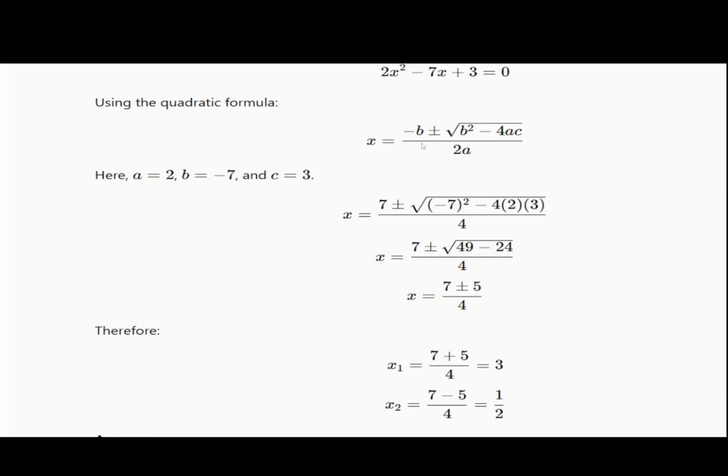We have x equals minus b plus or minus the square root of the discriminant, divided by 2a. So we have 7 plus or minus 5 divided by 4. With plus we have x1, 7 plus 5 divided by 4, which is 3, and x2, 7 minus 5 divided by 4, which is 1 over 2.